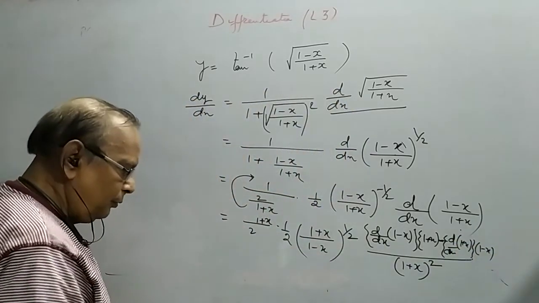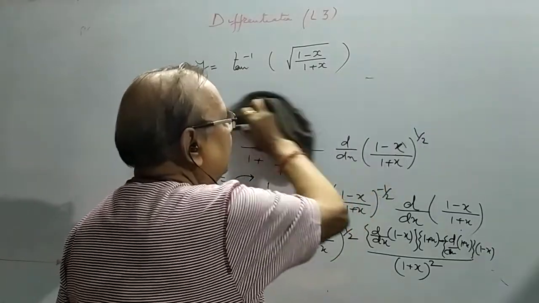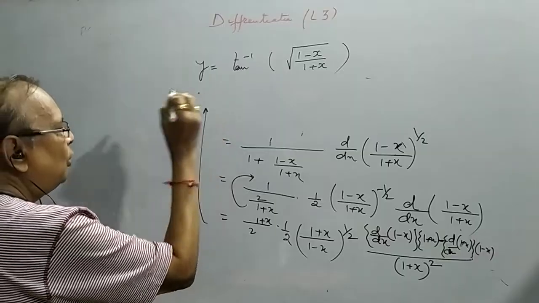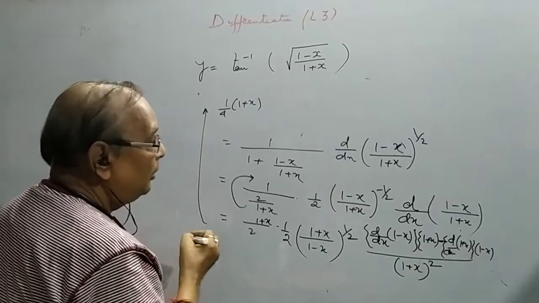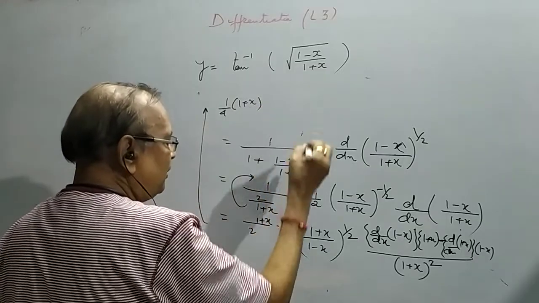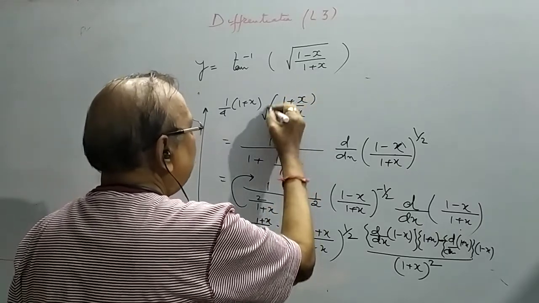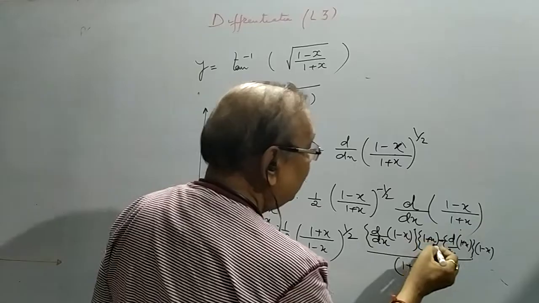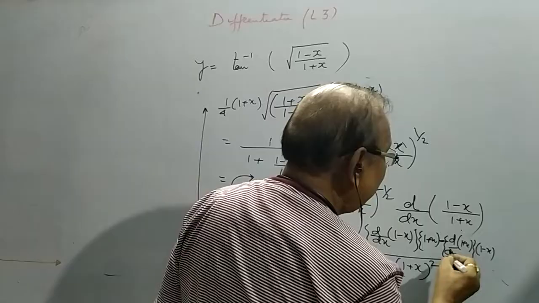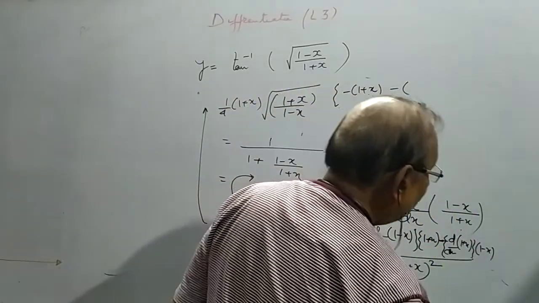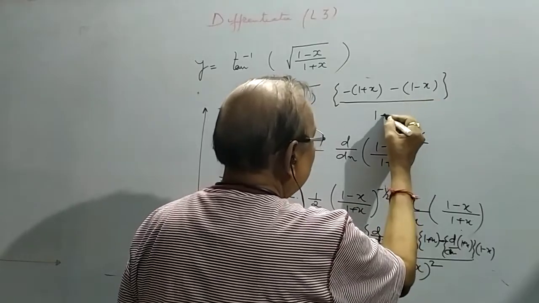Now we will calculate this further. After this step we will take on the top, that is 1 upon 4 into 1 plus x upon 1 minus x under root, and we may get 1 plus x minus 1 plus x, and minus 1 minus x upon 1 plus x whole square.